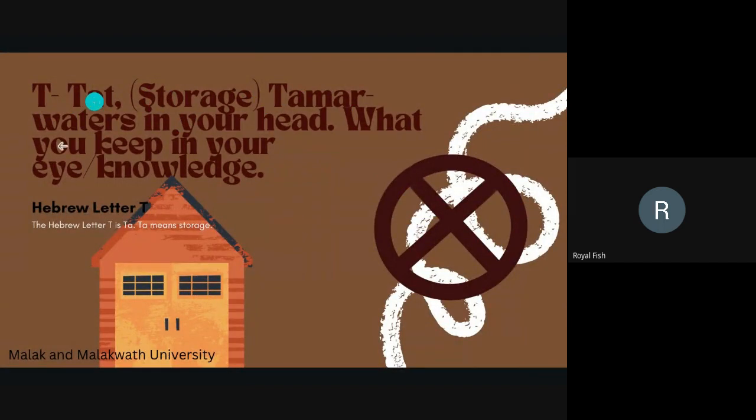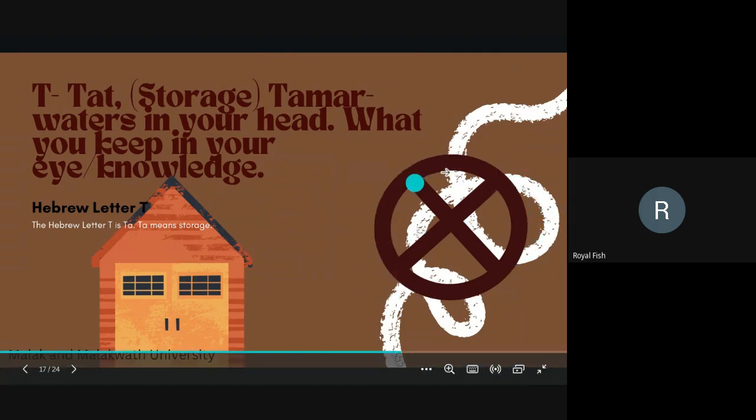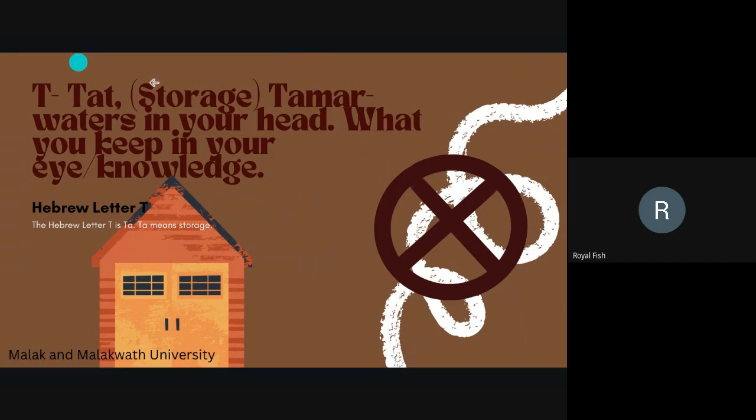Okay. So the Hebrew letter T is Ta. Ta means storage. So if you have a pen, you can draw a circle and an X in the middle. So tat is storage.